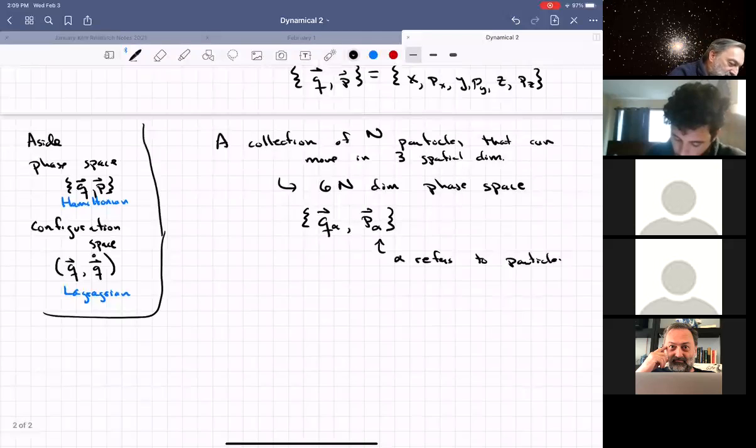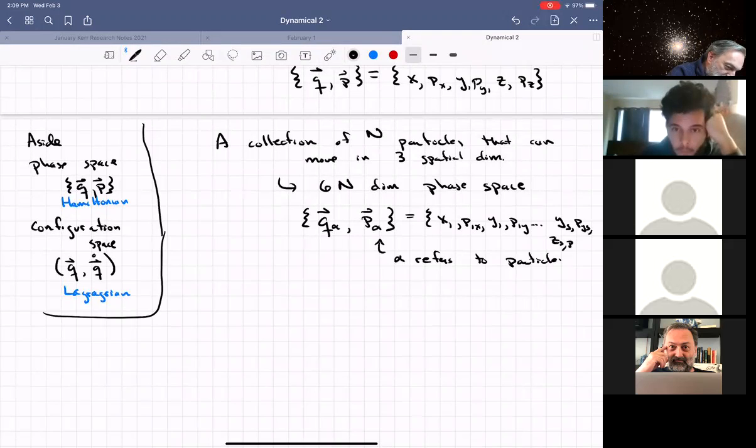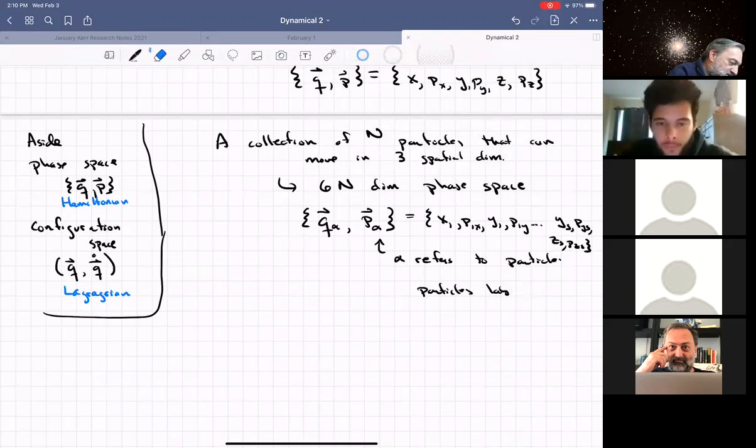So this space here would look like x1, p1x, y1, p1y, dot, dot, dot, all the way to y_s, p_ys, z_s, p_zs, where the particles are labeled 1 through s.